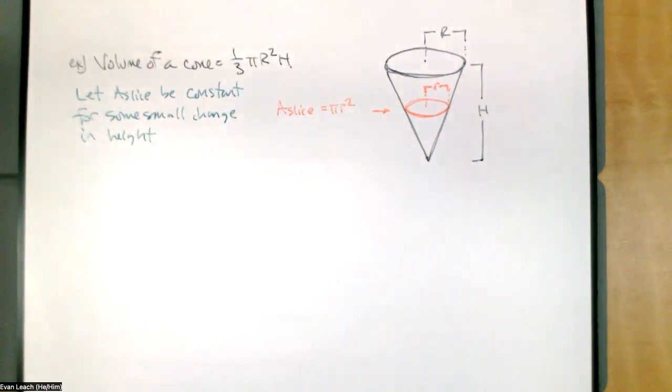So I want to use area times height. So I'm going to assume that the area is constant for some small change in height.